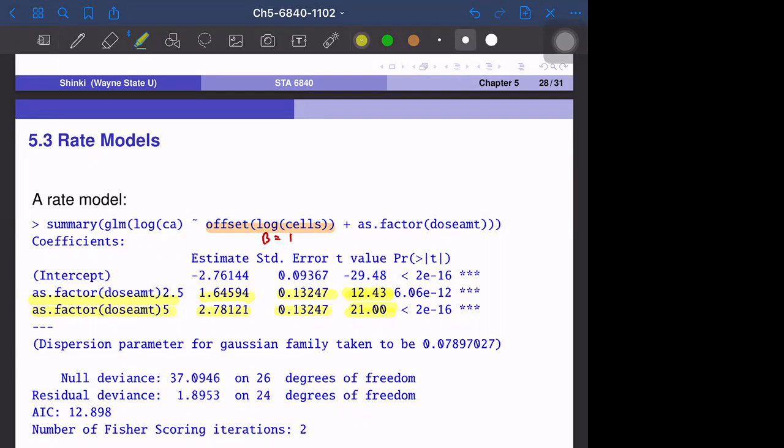But this is an interpretation issue. It's more natural to think about Ca over cells. If we put that assumption, then we can show that the coefficients are more statistically significant. So it's logically the more solid model.